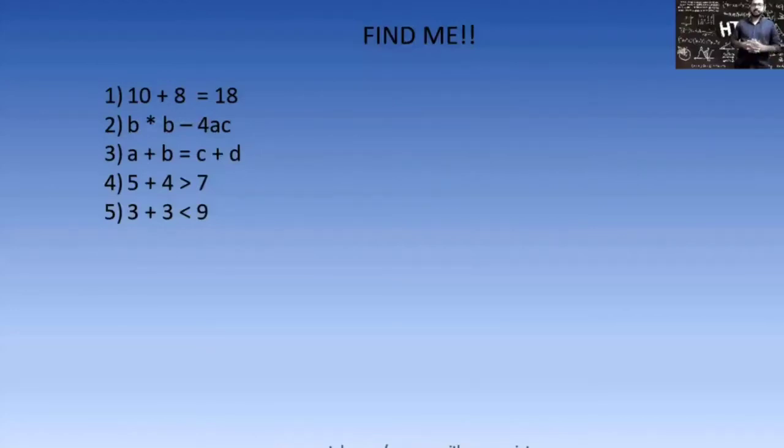The third one is a plus b is equal to c plus d. The fourth statement states that 5 plus 4 is greater than 7. And the fifth statement gives 3 plus 3 is less than 9. Among these statements, you are asked to find which of them are equations.